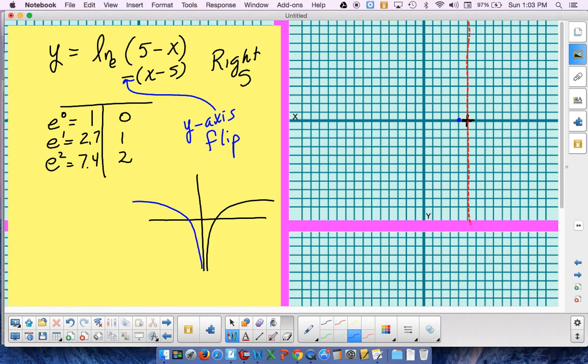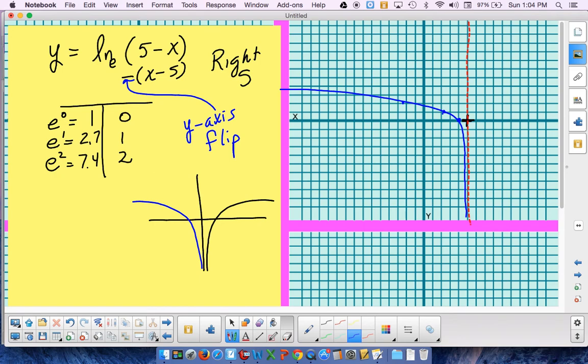Then we're going over 2.7 left, up 1, over 4, 5, 6, 7.4, up 2, and I'm off that away. Curved off to the left. There you have it. Your natural logarithm.